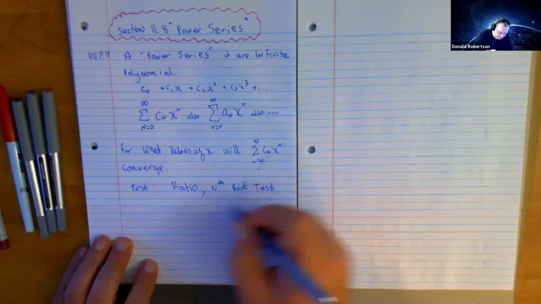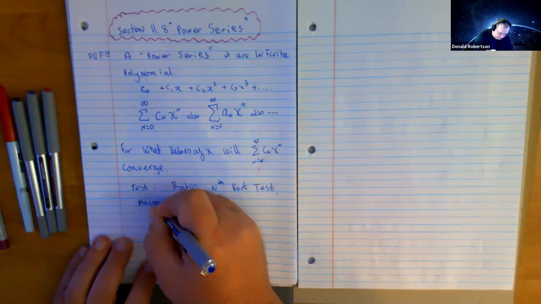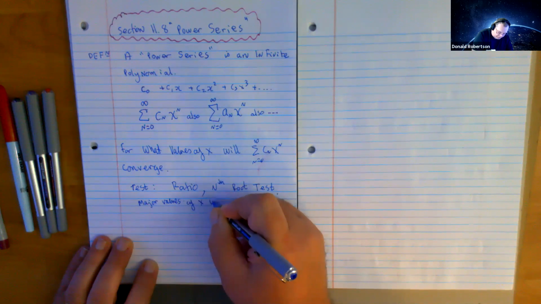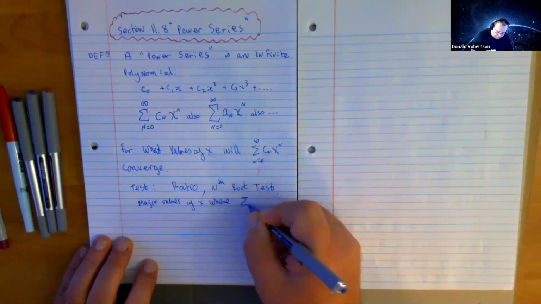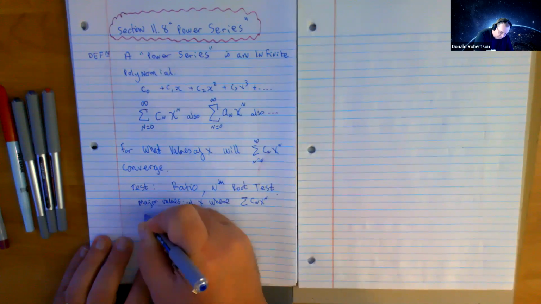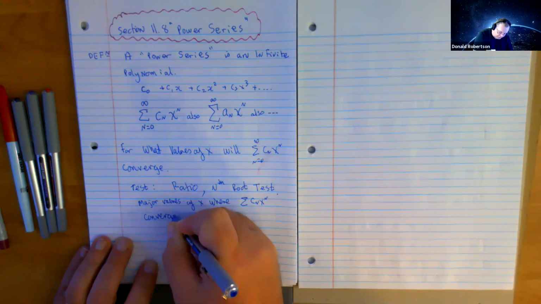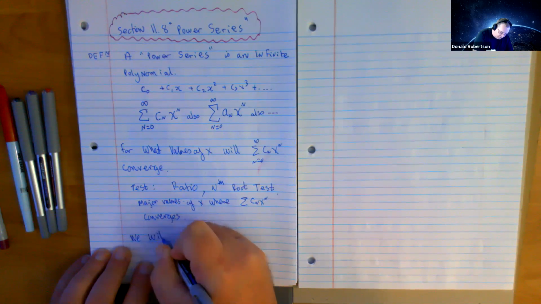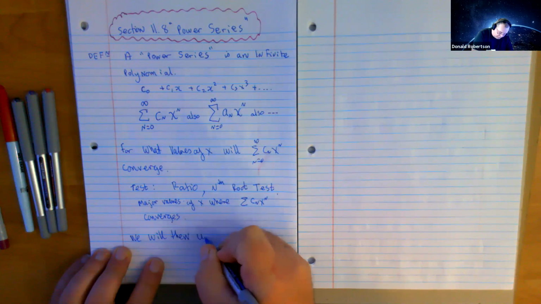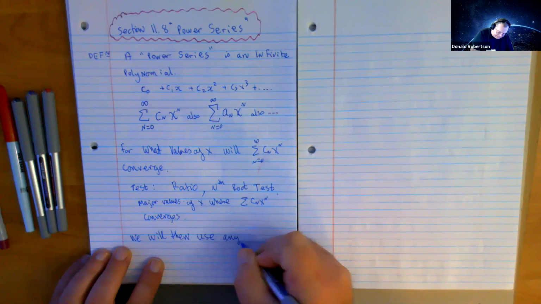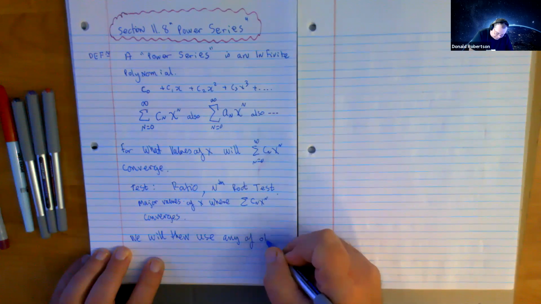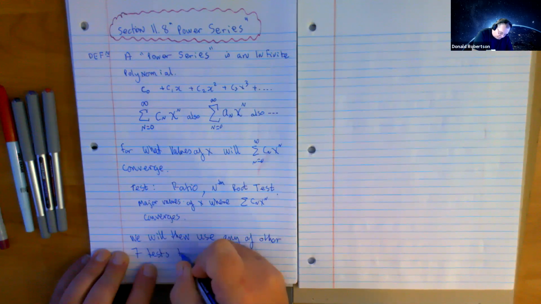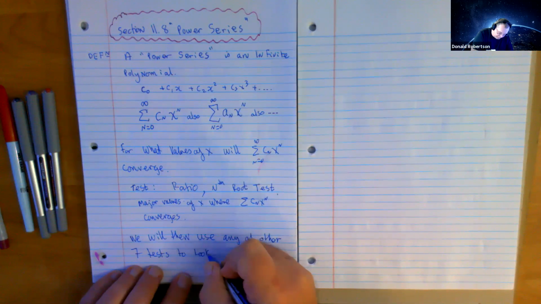These tests will tell us the major values of x where this converges. But then, we will then use any of the other seven tests to look at the endpoints.